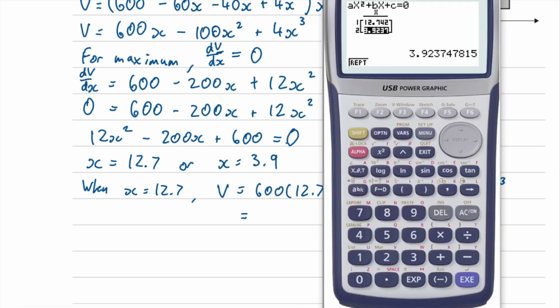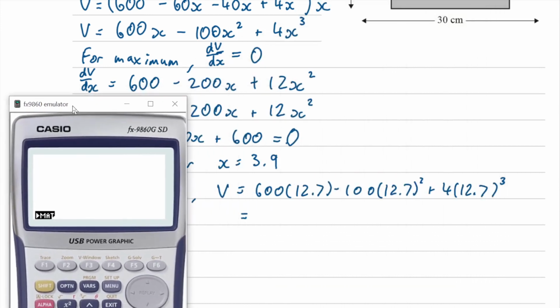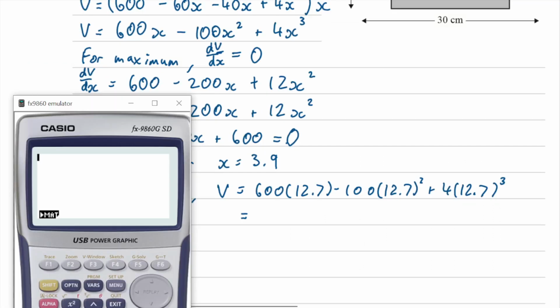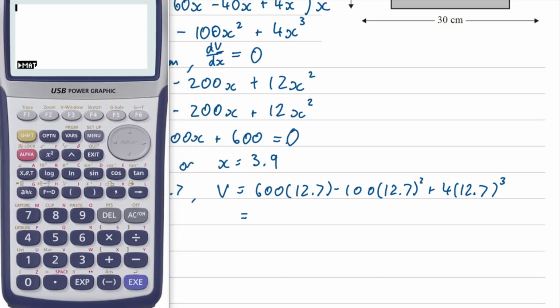And I'm definitely not doing that one in my head. Menu, run maths. There we go. Alright, so just inputting that.